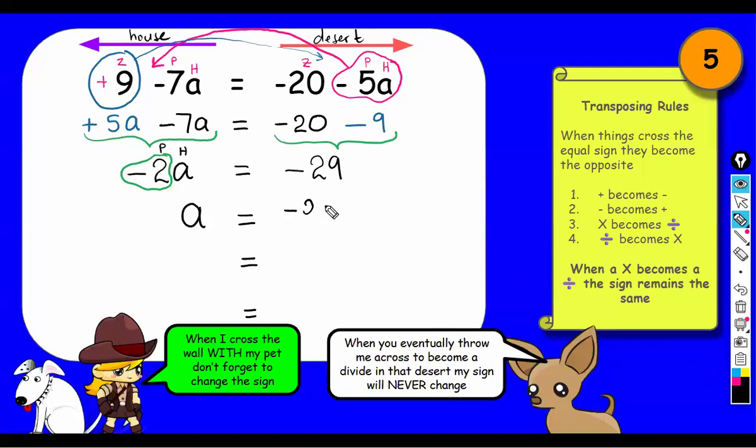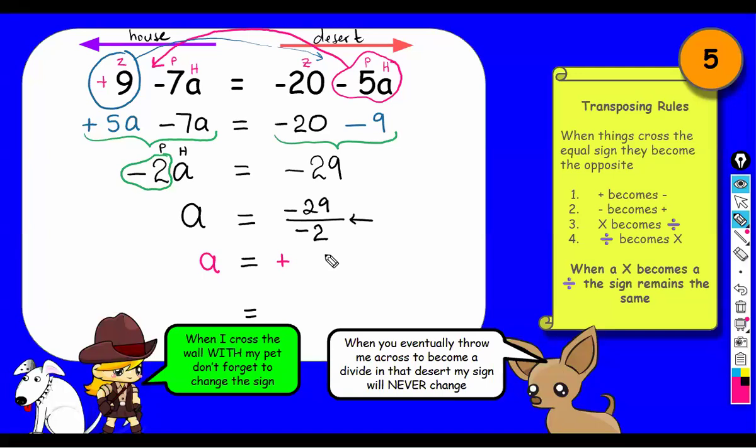So you have -29 here. The pet goes across. The pet always goes underneath the zombie as a divide. And the sign of the pet never changes. Despite your horrific actions, the pet never stops loving you, right? It remains a minus. Loyal. Minus divided by a minus is a positive, and 29 divided by 2, I think that's 14.5 if I'm not mistaken.